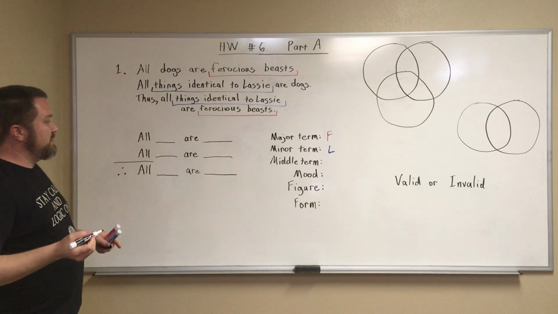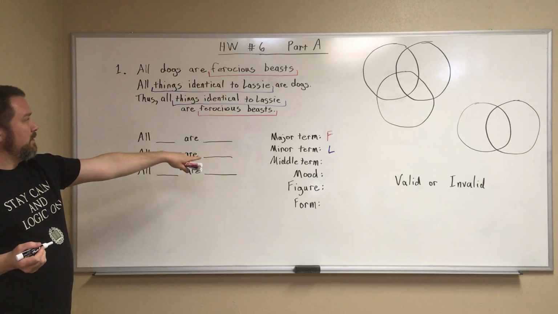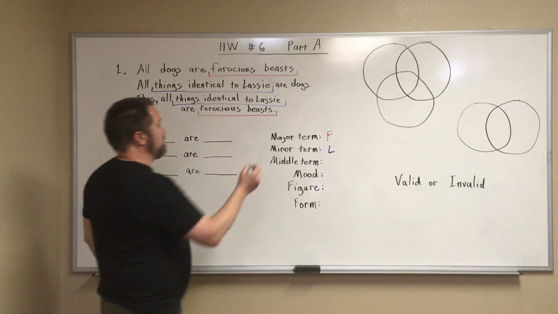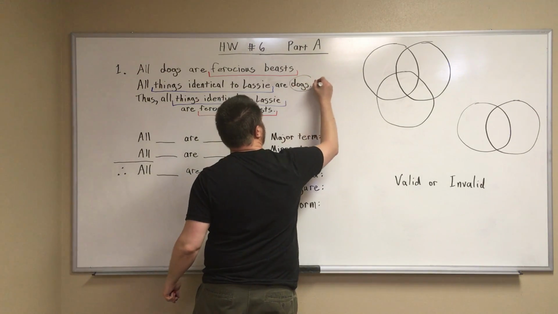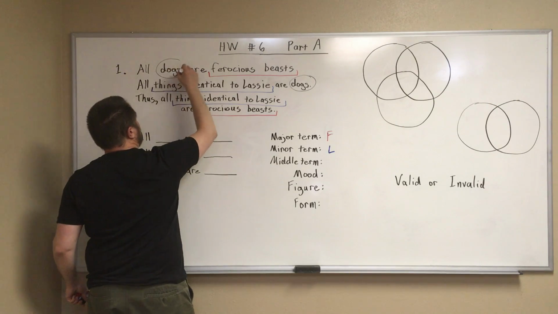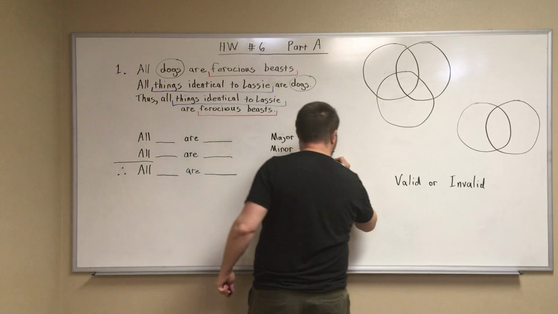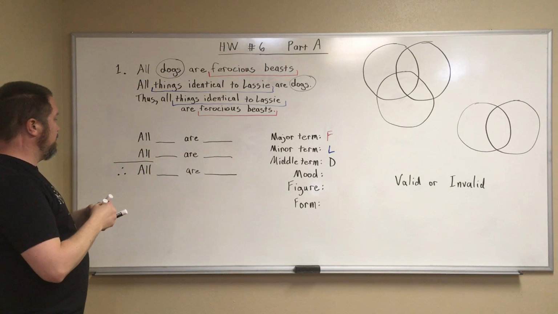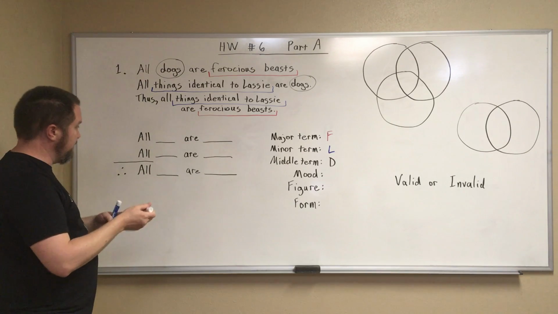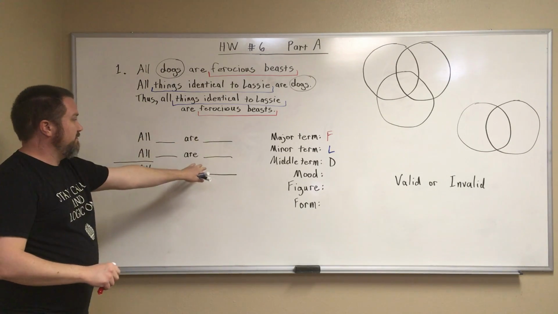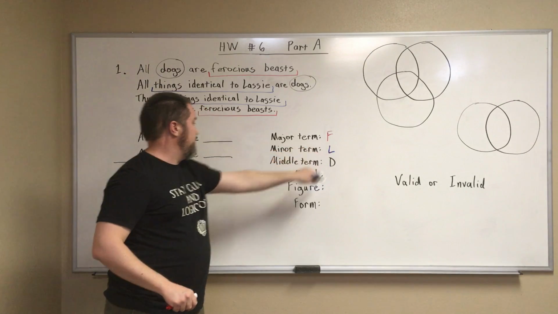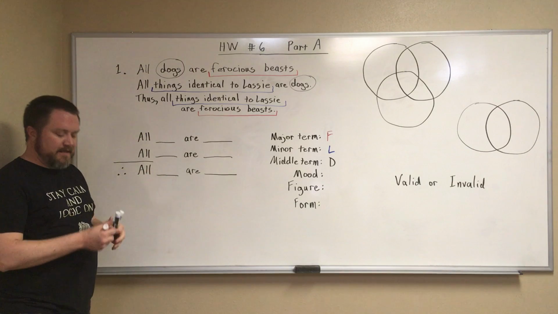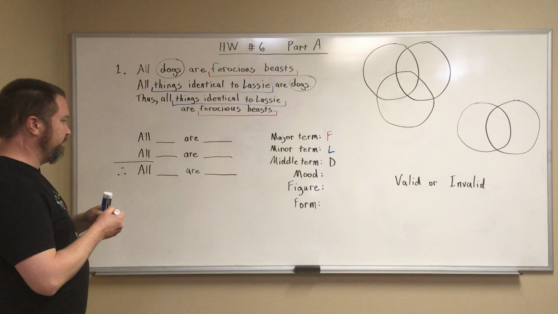So next thing to do is to identify the middle term. So the middle term is the third term that isn't used in the conclusion, which would be here, dogs. So we'll just call that D. So let's translate it into this form using just these terms, because you'll see later when we get to the mood and the figure, it'll be easier to see what the figure is.